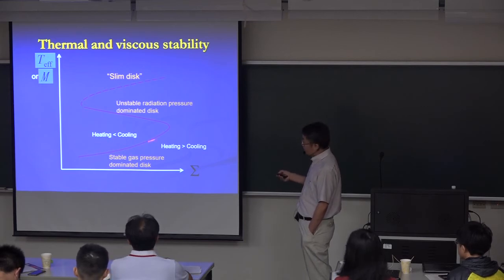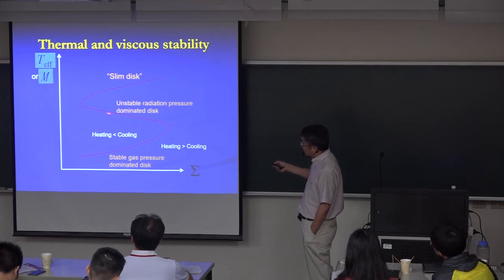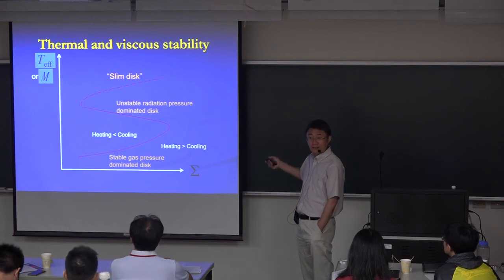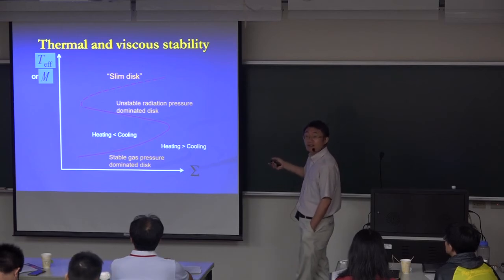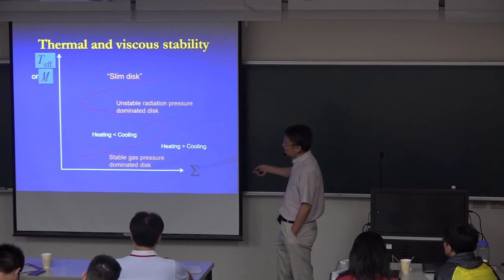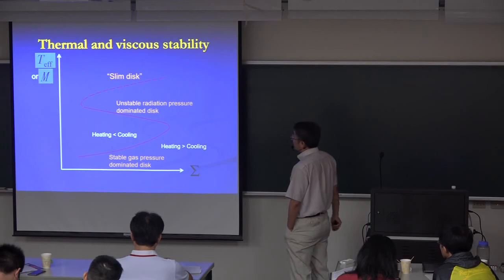If this slope is positive, we can show it will be stable. But if this slope is negative, like in this branch, we can show it will be unstable. You can look at the textbook for some details. This is not so easy to explain in a simple form. I just give you a general picture.